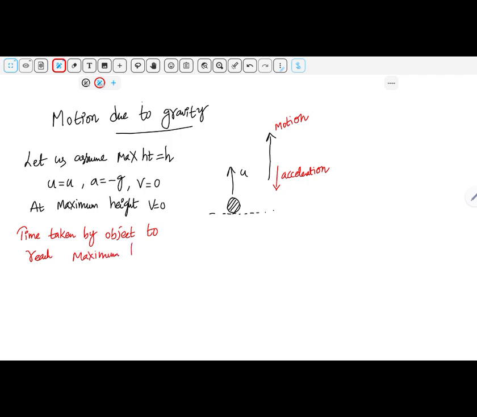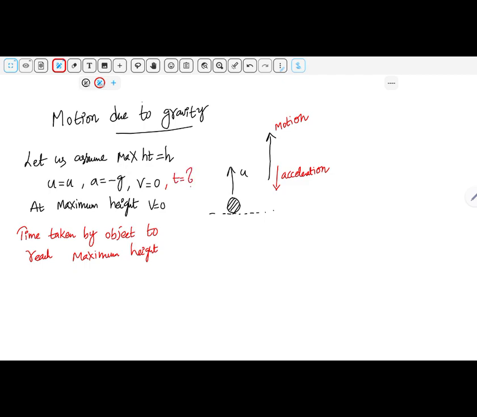Okay, so what are the known things? Initial velocity u, we know. Acceleration a, we know. Velocity at the maximum height, which is the final velocity, we know. These are the three known quantities. Now we want to find the unknown quantity. What is that unknown quantity? t we want to find.